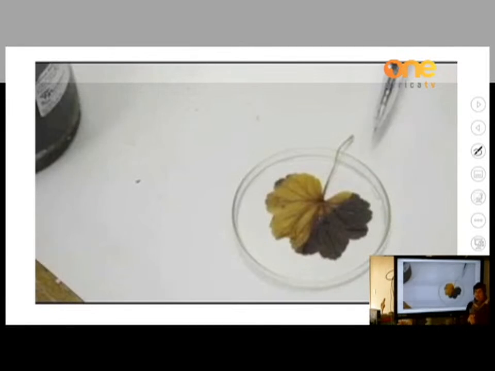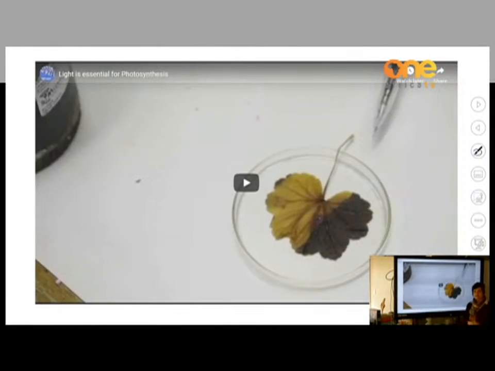Okay, and now let's look at a setup for an experiment investigating whether light is really necessary for photosynthesis.